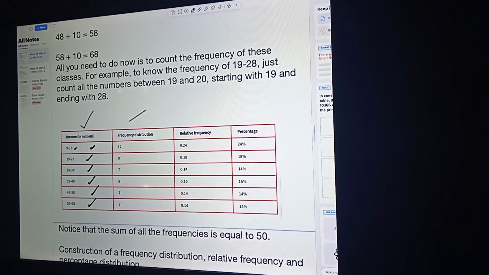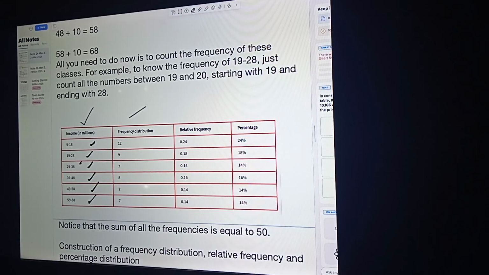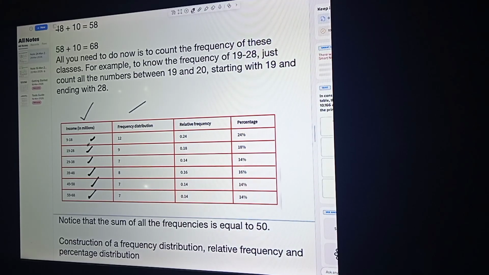Now this 9 to 18 means those individuals or those persons who are this much rich, having 9 to 18 million in cash. Similarly, these are total 12 individuals.